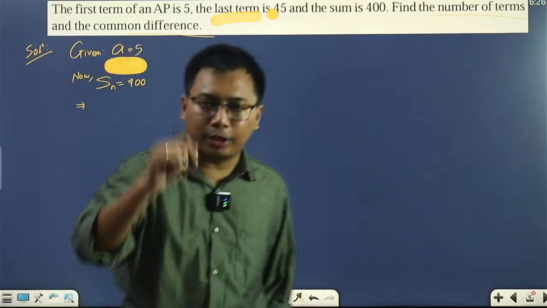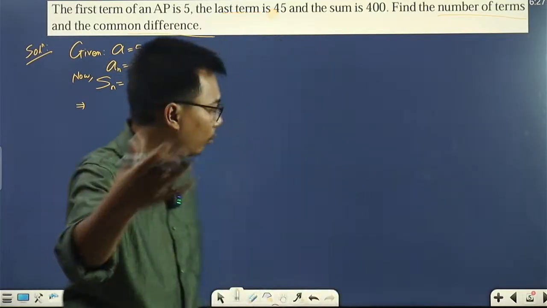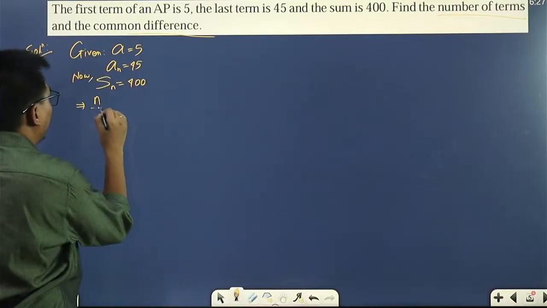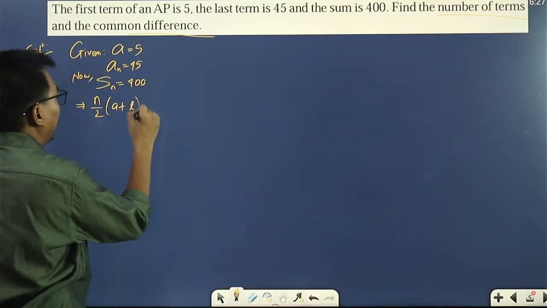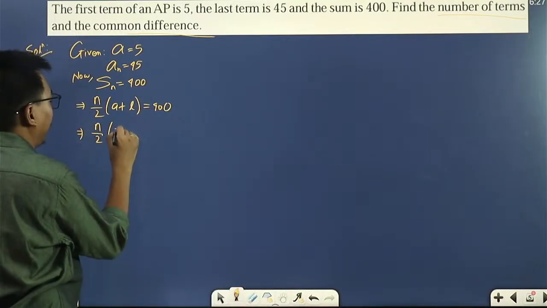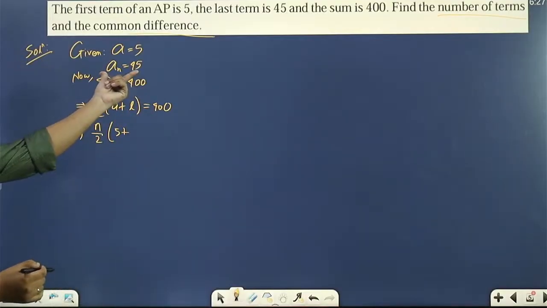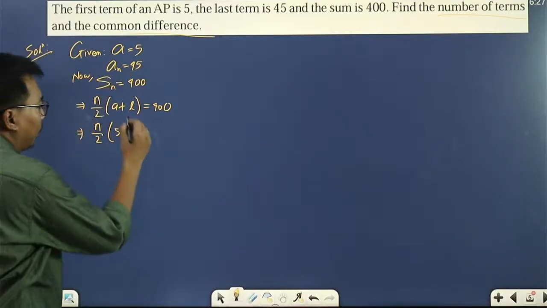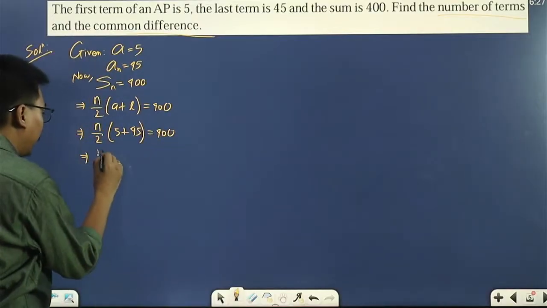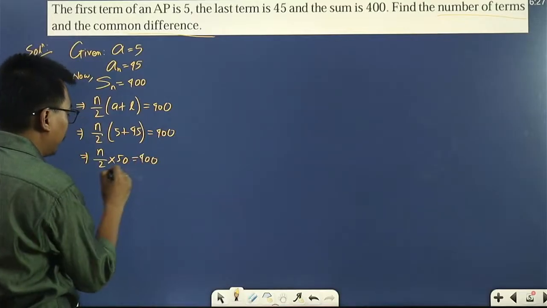So if we have the last term, which formula do we use? The second formula, n by 2 into (a plus l). N by 2 into (a plus l) equal to 400. So n by 2, how much is a? 5 plus how much is l? l means an, so in place of l we can write 45. We'll get n by 2 into 50 equal to 400.